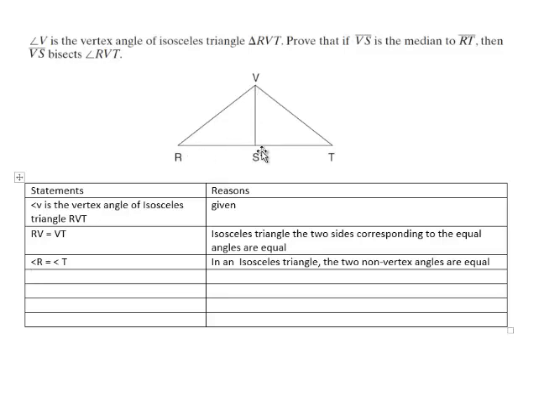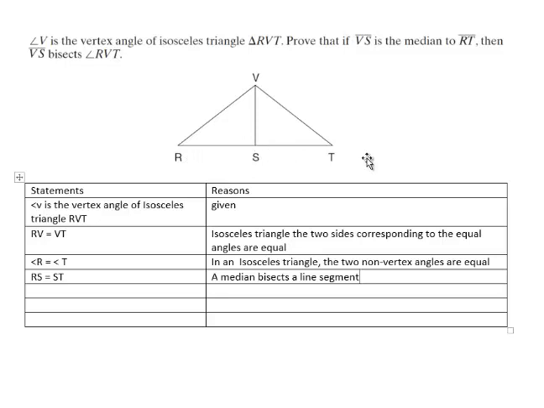So that means that RS is equal to ST. So that will help us. RS is equal to ST because a median, which means bisects a line segment.